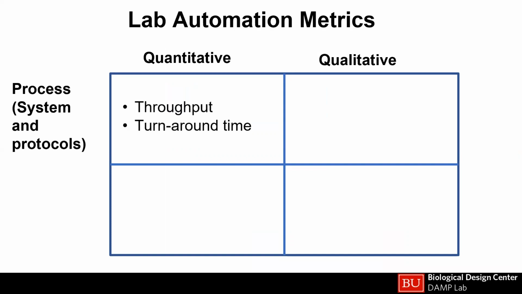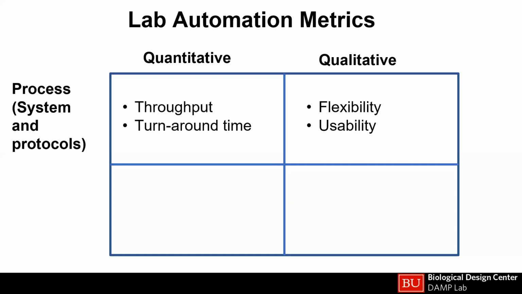Examples of quantitative metrics regarding the process are things like throughput and turnaround time. What are you able to process in your system? How much can you do, and how fast can you do it? Qualitative metrics regarding the process are things like flexibility and usability. So what is it like to use your system for this process?